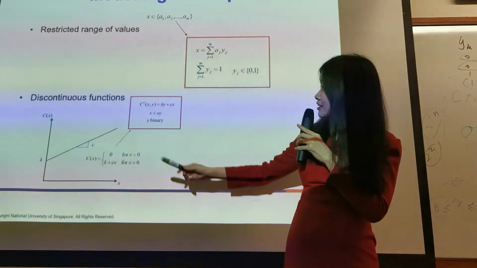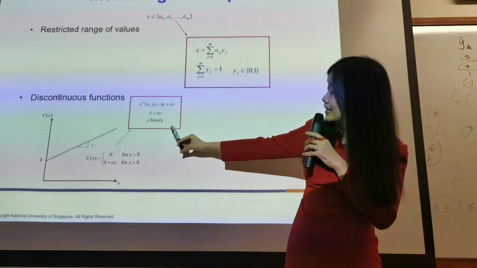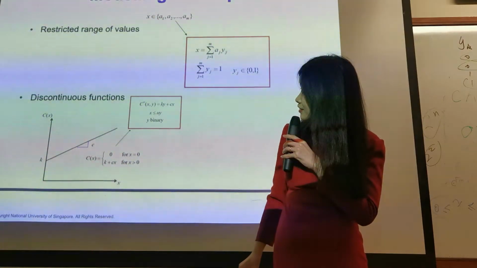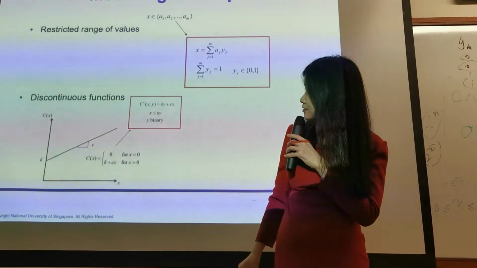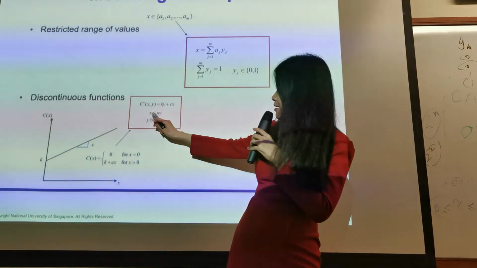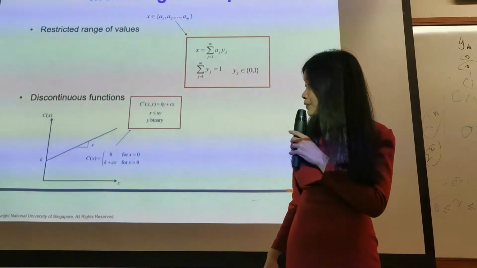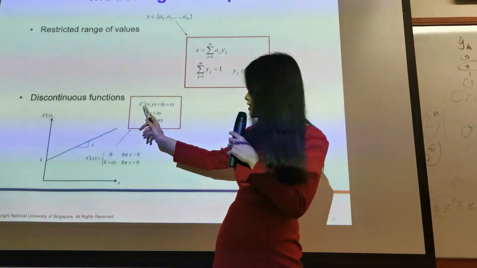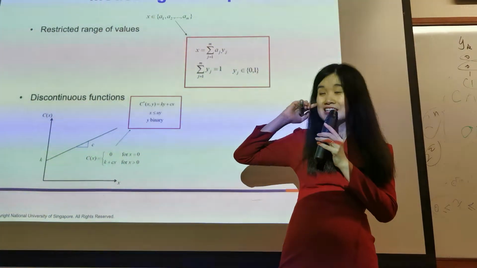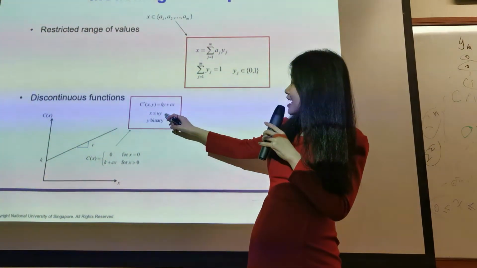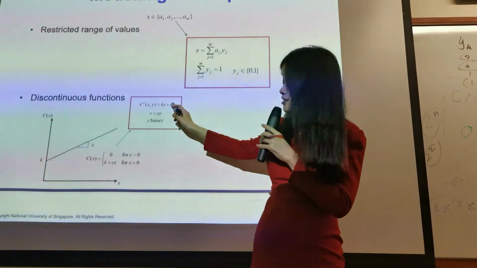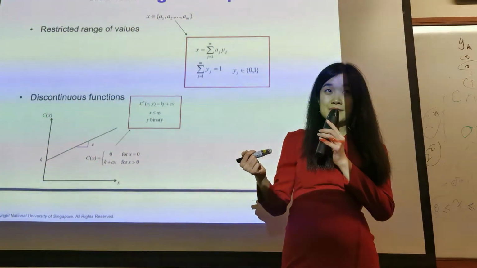It means when your binary y is 0, this constraint will become x is smaller or equal than 0, because x is non-negative, so it's only x equals 0. So when your y is 0, then this function directly has a value of 0.